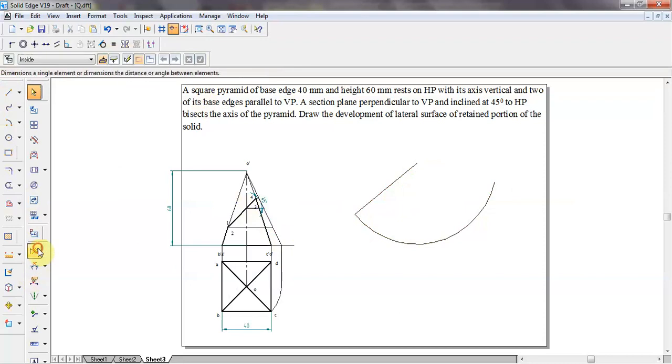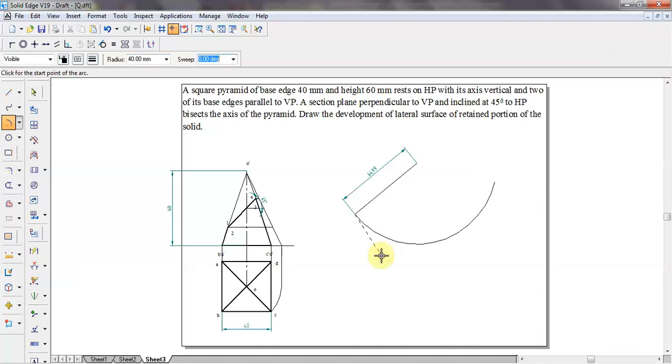So you can dimension this one. So this distance is 40. Each side is having 40 mm. So from here to here it is 40. Sweep length 10 you can take.